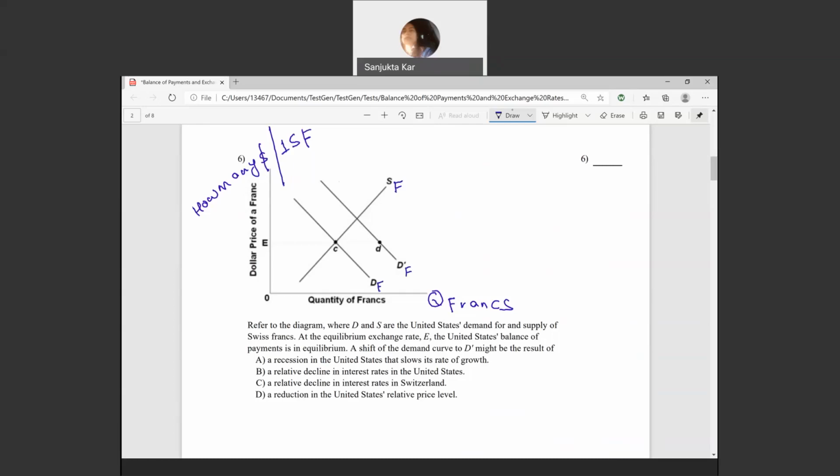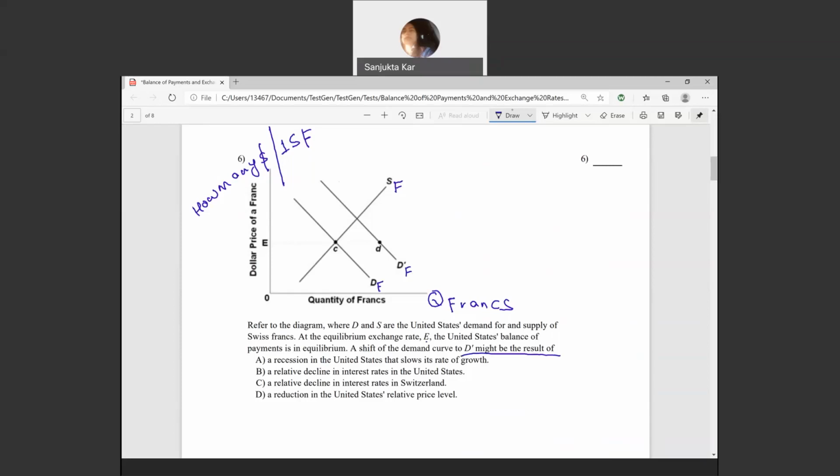Here I have the diagram where D and S are the US's demand for and supply of Swiss francs. At the equilibrium exchange rate E, the US's balance of payments is in equilibrium. A shift of the demand curve to D prime might be the result of what?